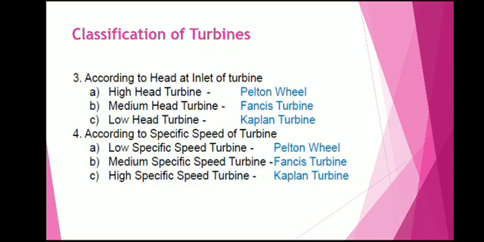It requires high head to generate the energy or discharge. And the fourth classification is according to the specific speed of the turbine. First, low specific speed turbine, that means Pelton wheel, and medium specific speed turbine, that means Francis turbine, and third, high specific speed turbine is the Kaplan turbine.